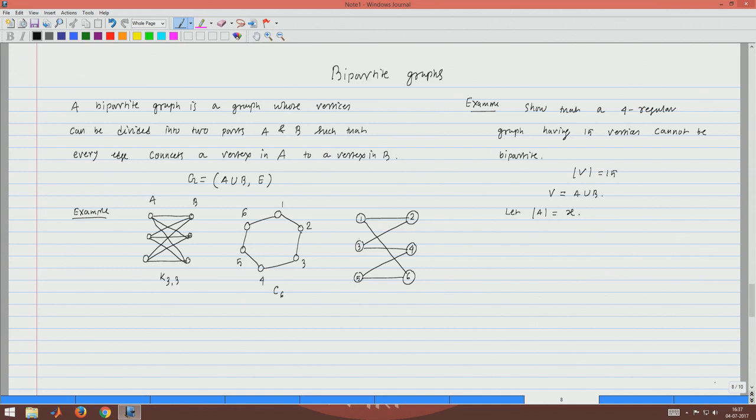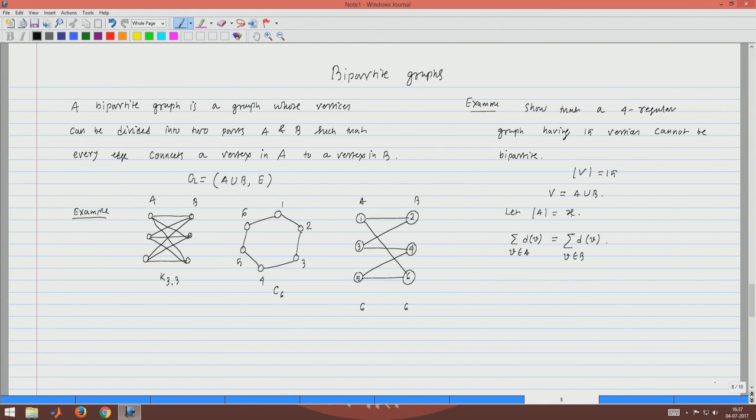So, here the degree sum in the part A is 2 plus 2 plus 2, 6. The degree sum in the other part is 2 plus 2 plus 2, it is 6. So, this is always true for a bipartite graph, that the degree sum for the vertices in part A is equal to the degree sum for the vertices in part B. This is easy to observe.